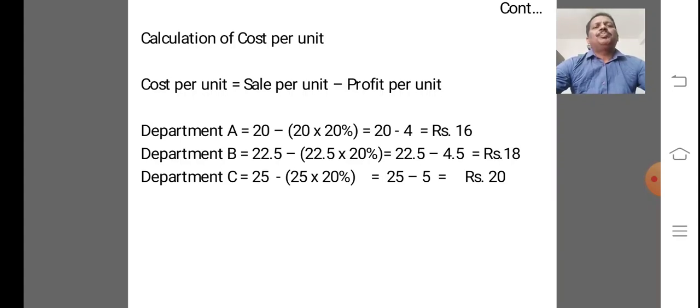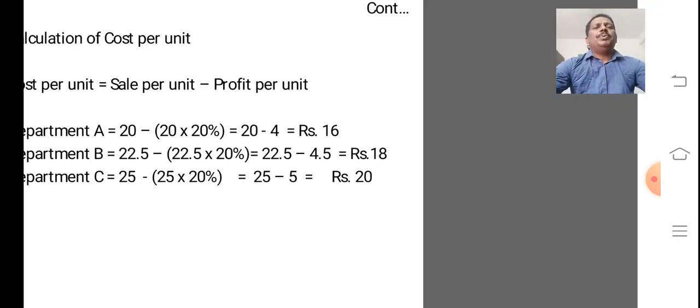So 20 minus 20 into 20% is equal to 20 minus 4 is equal to 16. In Department B, 22.5 minus 22.5 into 20% is equal to 22.5 minus 4.5 is equal to rupees 18. In Department C, 25 minus 25 into 20% is equal to 25 minus 5 is equal to rupees 20.